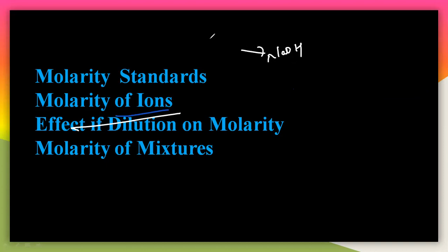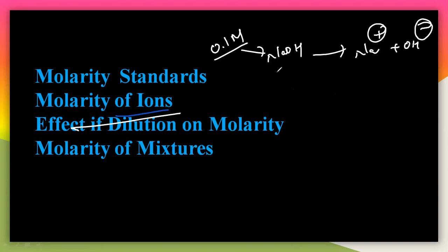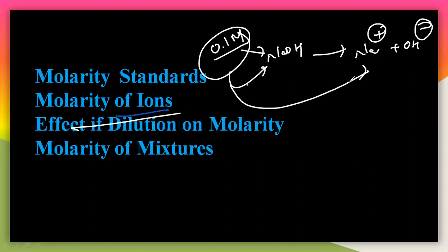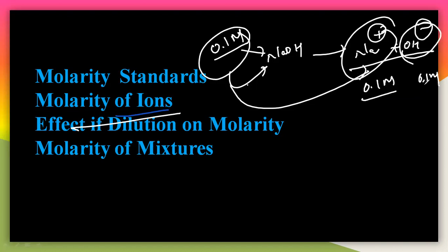This particular NaOH, if it has a molarity of 0.1 M, even though it is dissociated into ions, that is Na plus and OH minus, the question arises: 0.1 molar is not only for the solution. Even after the dissociation of the ion, the molarity of Na plus ions is 0.1 molar and here also 0.1 molar.